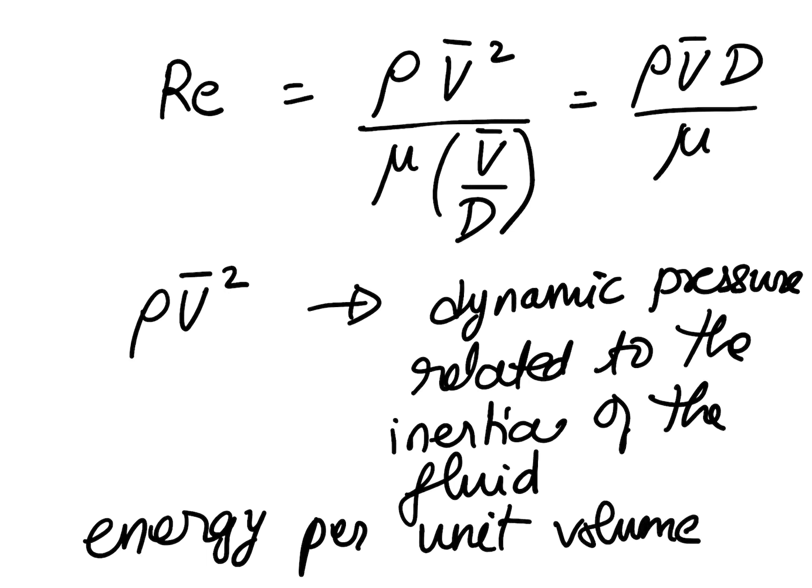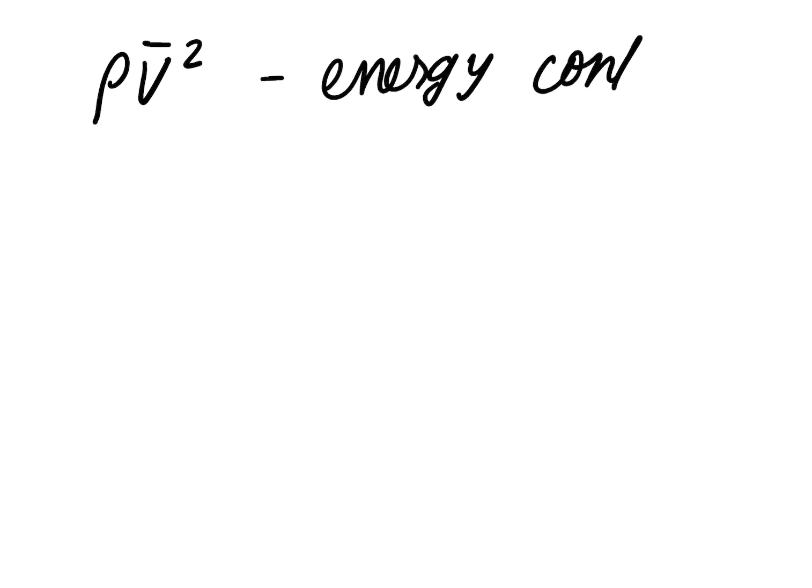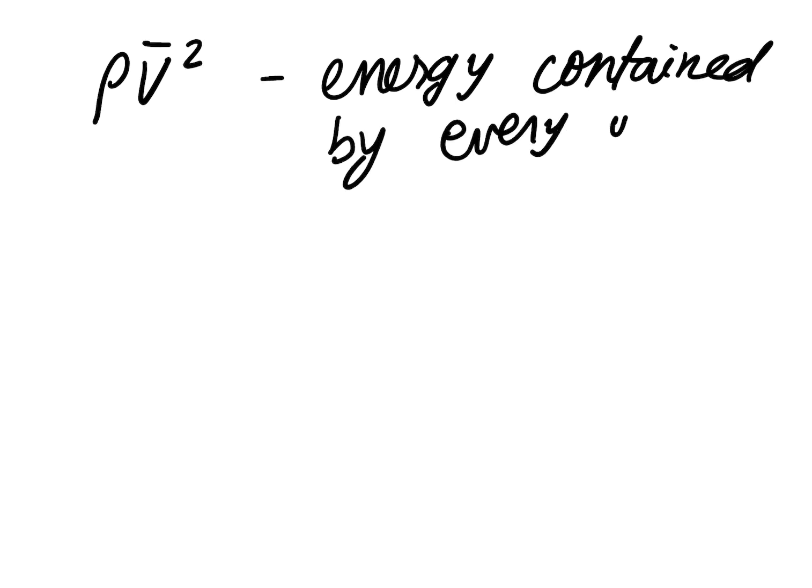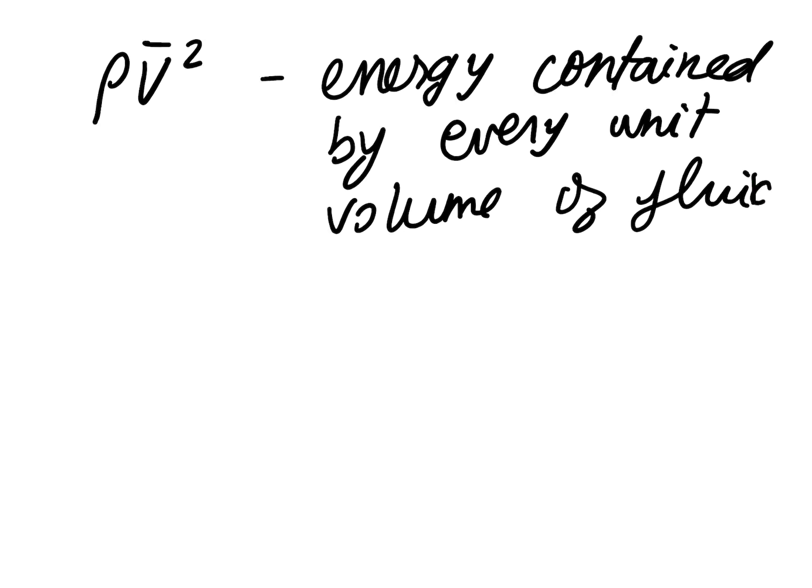That is, every meter cube, every centimeter cube of the fluid moving at a velocity v has an energy of rho v squared. Rho v squared is the energy contained by every unit volume of the fluid, and this energy is associated with inertia of the fluid.